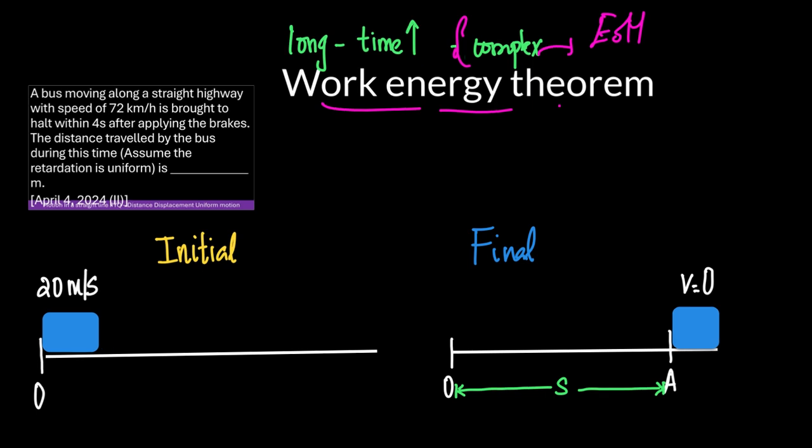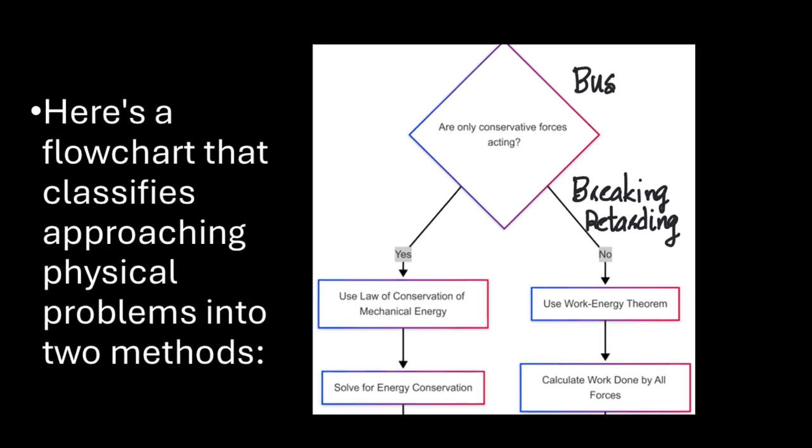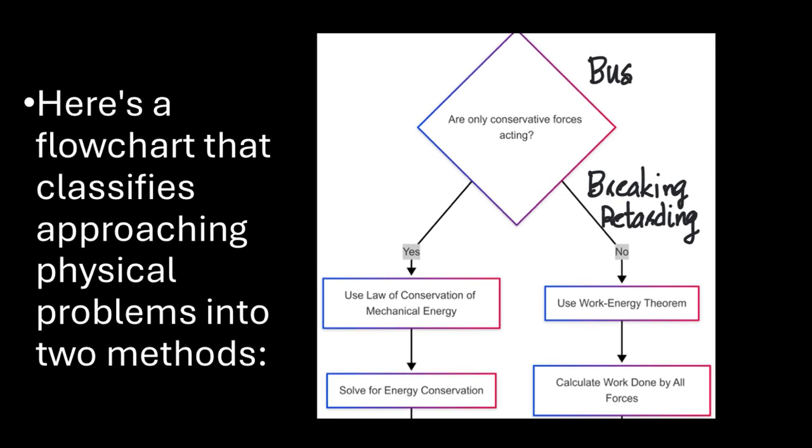Visualization first. So we have the initial condition and the final condition, where the bus is moving at 20 meters per second and at rest respectively. The distance traveled is s. Before we go into the work energy theorem, let us first try to understand how to choose between the work energy theorem and the law of conservation of mechanical energy.